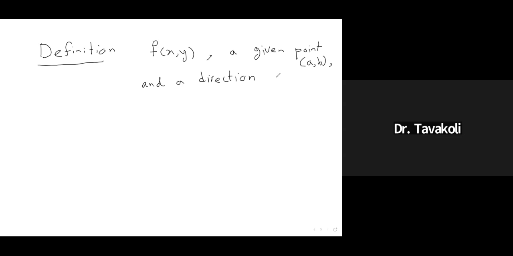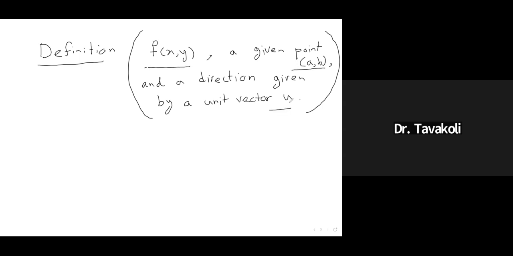A direction given by a unit vector u. So for a function f of x and y, a given point (a, b), and a given direction u, we want to define the directional derivative. And here is the definition. It is a limit. The definition is again by limits as h tends to 0.